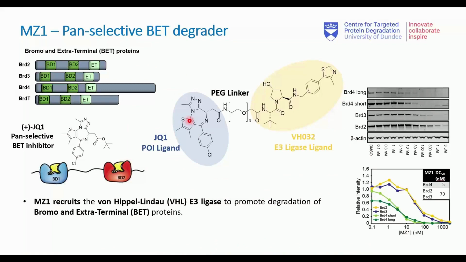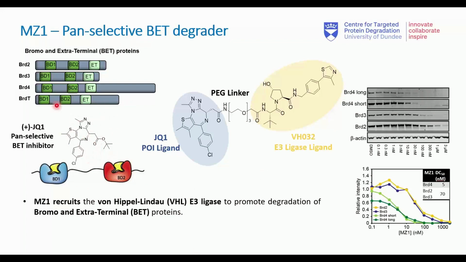So seven years ago now, our group published one of the first major PROTACs in the field, MZ1, which targets the bromo and extra-terminal domain proteins. And it does this by using this pan-selective inhibitor, which Xavi in the previous talk briefly mentioned.